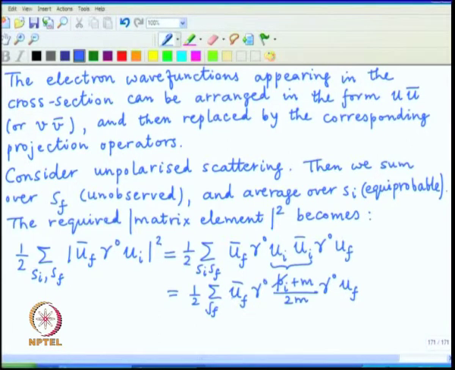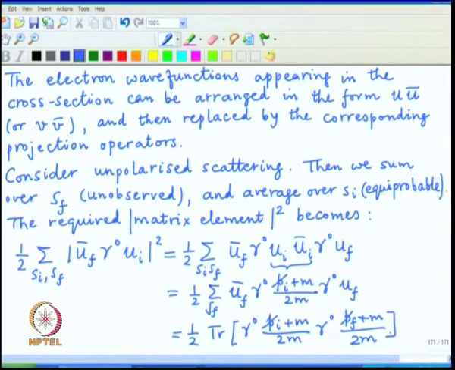Now, what we have is just a complex number as in the form written, and so trace is equal to the number, and we can just add a trace outside without any trouble, and then the cyclic permutation produces another projection operator, and the expression becomes 1/2 trace gamma 0 pi slash plus m by 2m gamma 0 pf slash plus m by 2m.